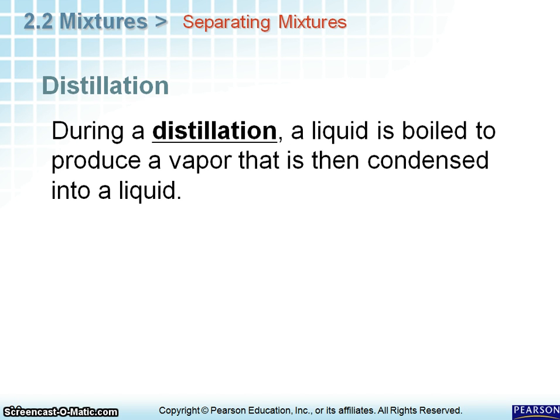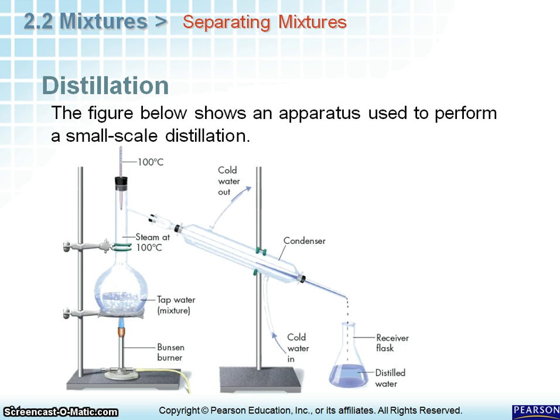During a distillation, a liquid is boiled to produce a vapor that is then condensed into a liquid. If you look at this example of a small-scale distillation, you can see the apparatus and the way it works.